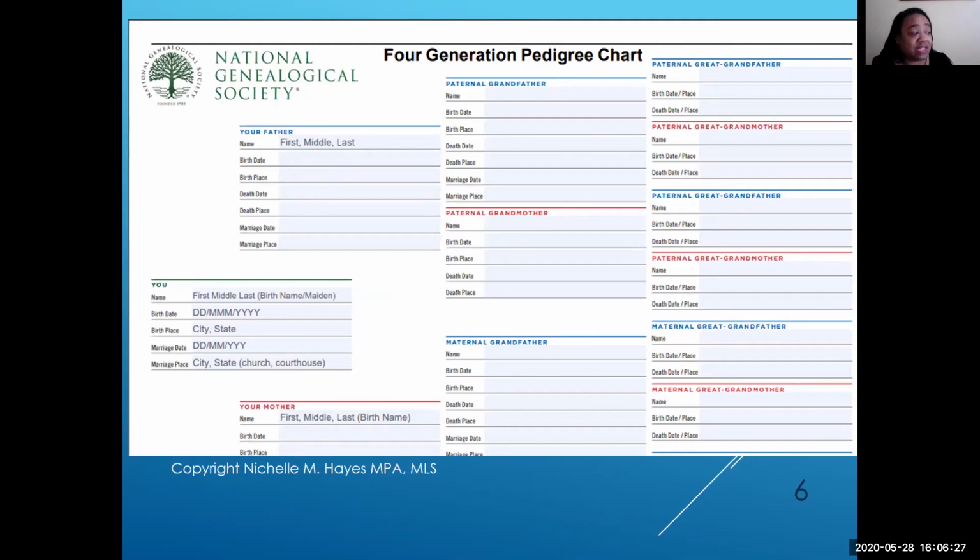And I can't stress enough that when you're putting down names for women in your family that might have married, you want to put down their birth name, and we can note any married names if they change their names at a later time. But you want to be able to tie them to their birth family. And so, as I said before, this is a 4-generation chart. So you just continue to go down the line, male, female, entering all the information that you have.